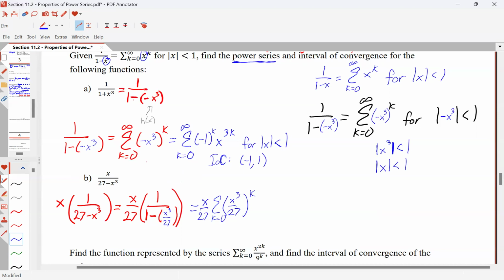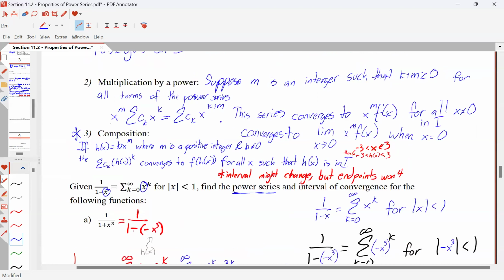From here, it's a rewrite of what we have. Distributing the k to everything, we'll have x over 27, series k equals 0 to infinity, x to the 3k over 27 to the k. And what property 2 tells us is I can take that term and multiply it in.